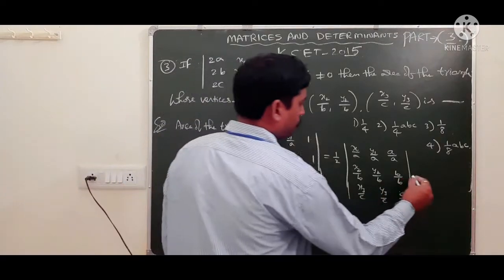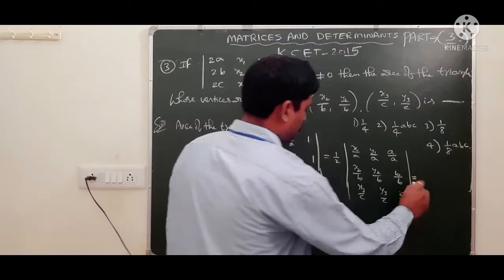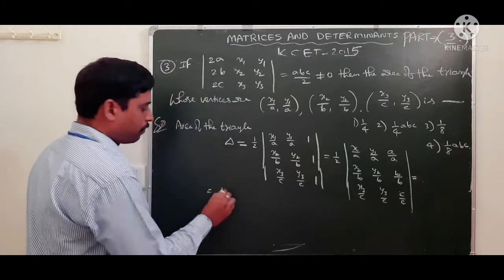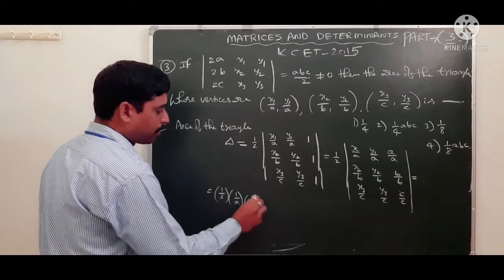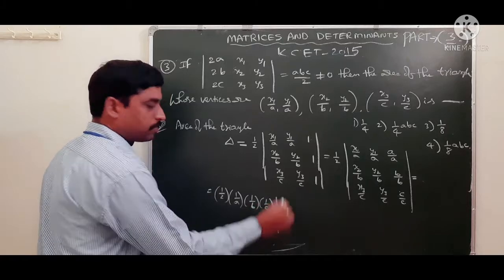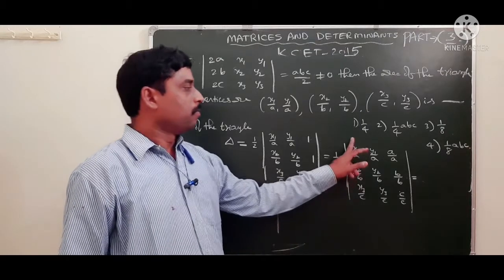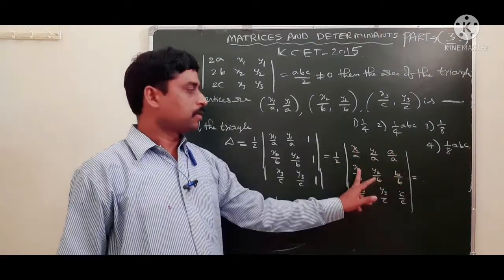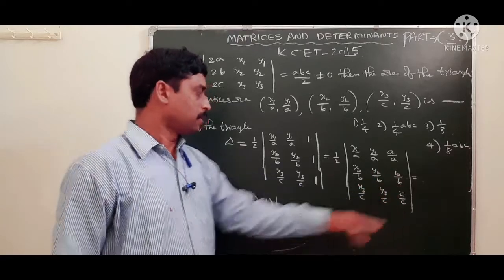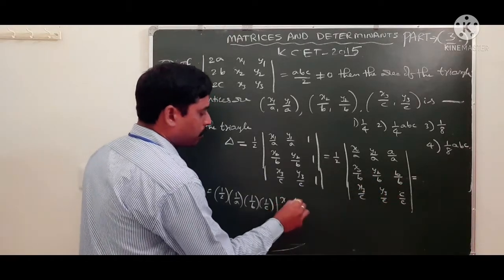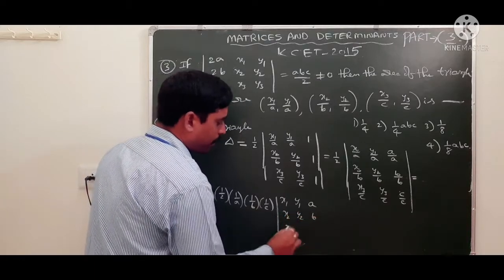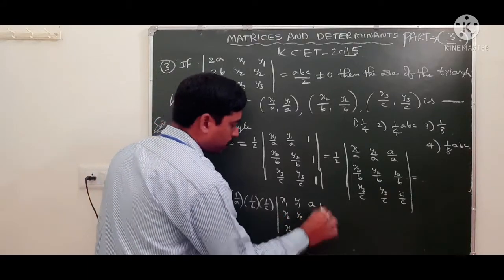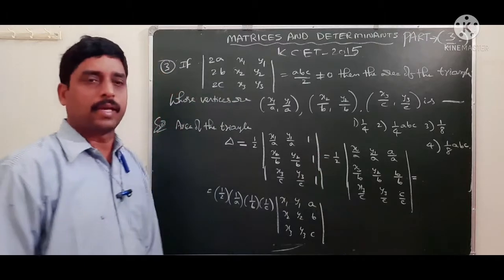This will be 1 by 2 times of 1 by a into 1 by b into 1 by c. This will be determinant of x1, y1, a, x2, y2, b, x3, y3, c. Okay, clear?